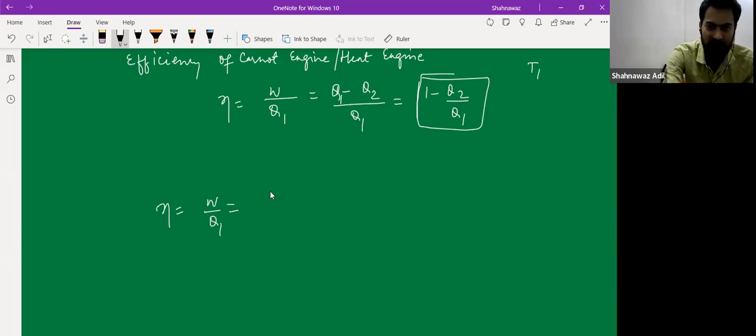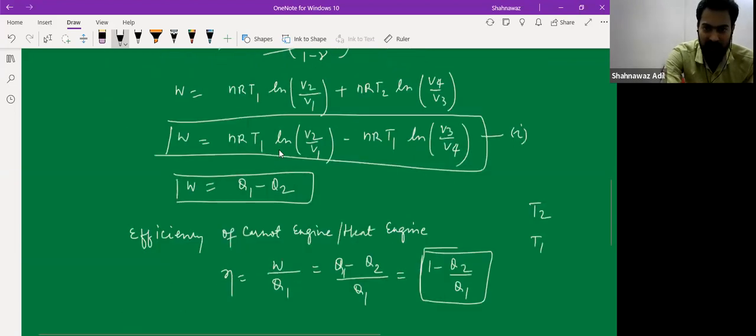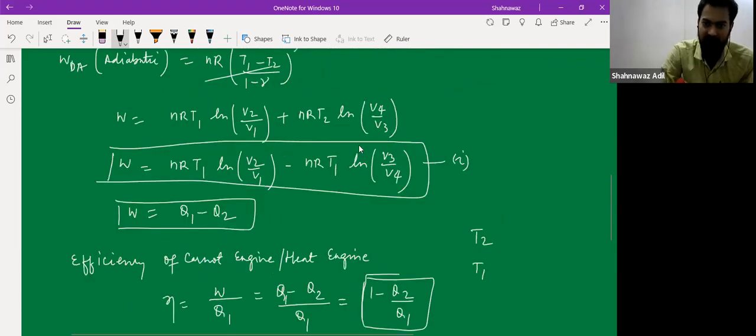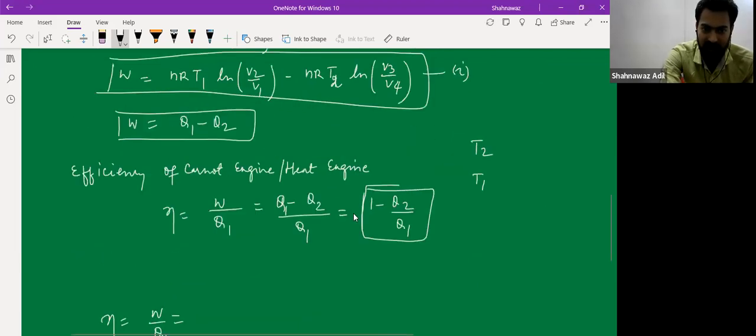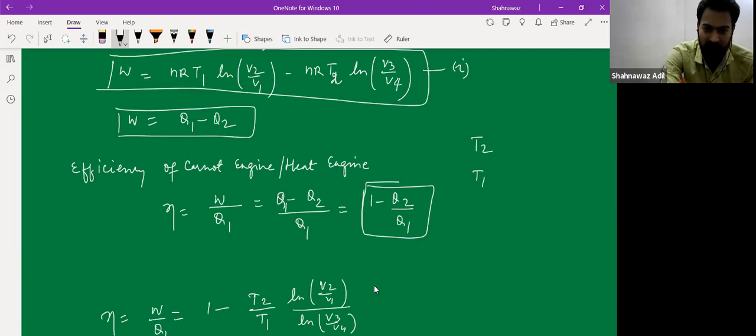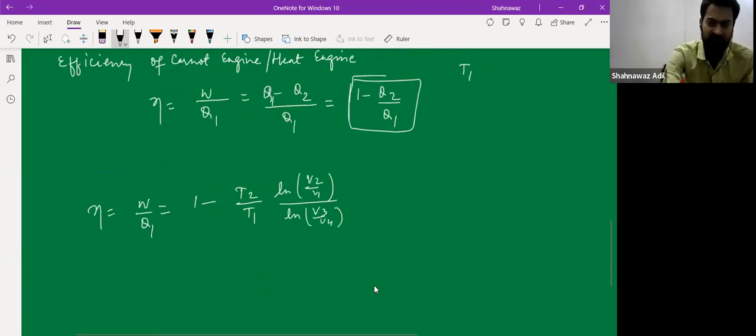So this is nRT1 ln V2 by V1 and so on, and this was T2, right? So this would be 1 minus, cancelling that term, T2 by T1 times ln of V3 by V4 over ln of V2 by V1, right? So this is the efficiency.